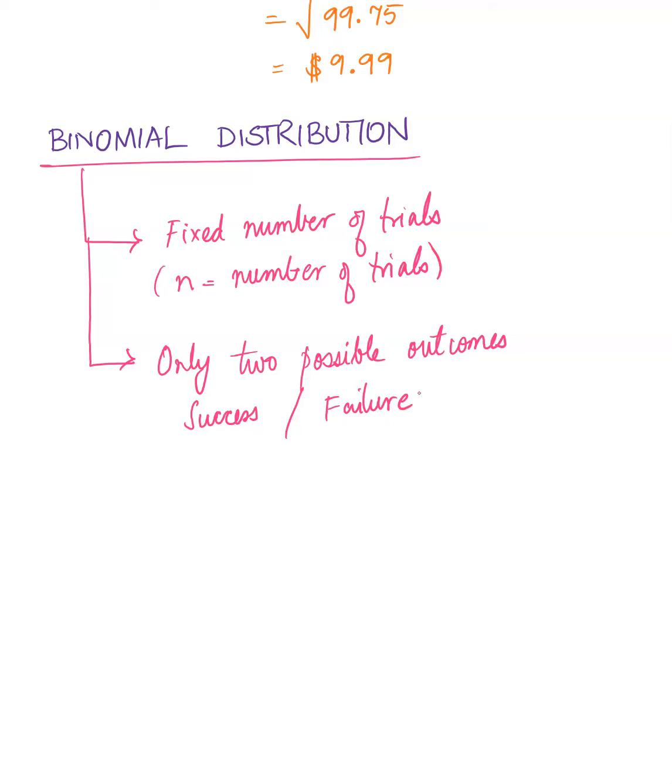Okay, so in my experiment, I could say all those who are wearing eyeglasses would be my success, because my focus is what calls it the success. My focus is on those who are wearing eyeglasses, and so the failure will be all those who are not wearing eyeglasses.